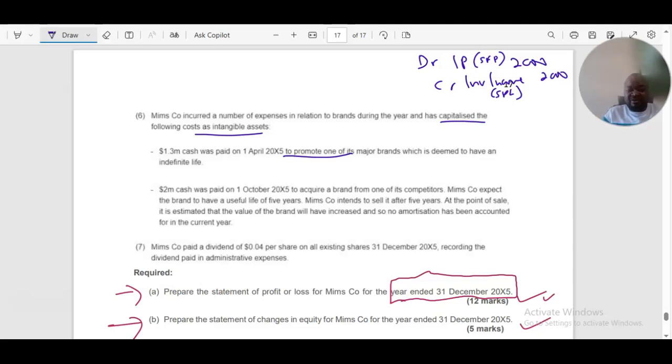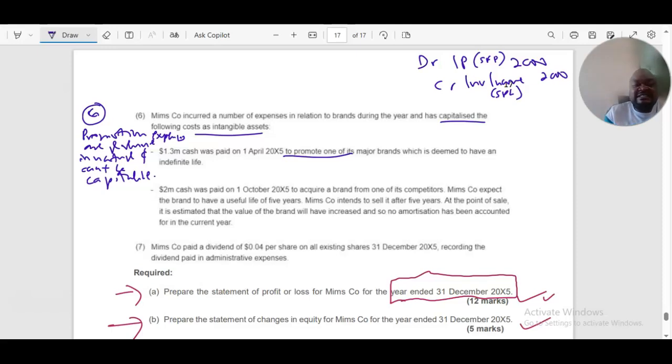Promotion costs are revenue in nature. So you tell the examiner, working 6: promotion expenses are revenue in nature and therefore can't be capitalized.